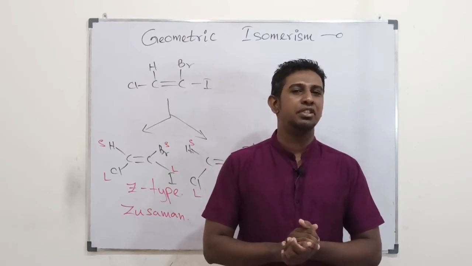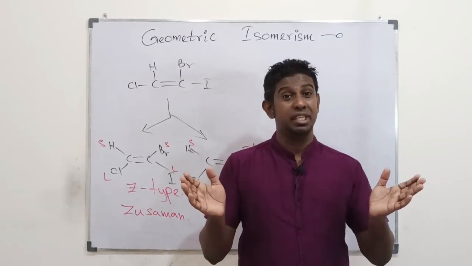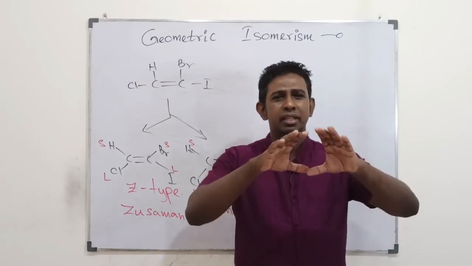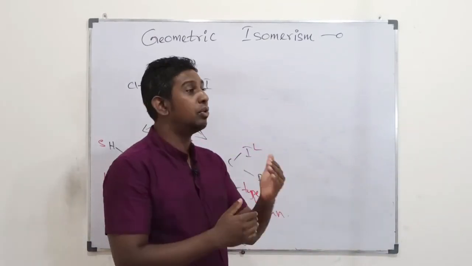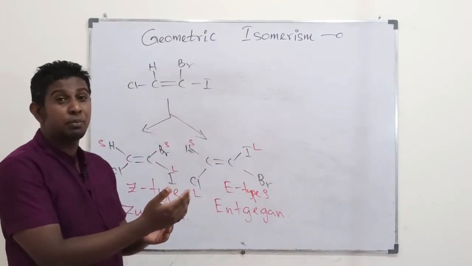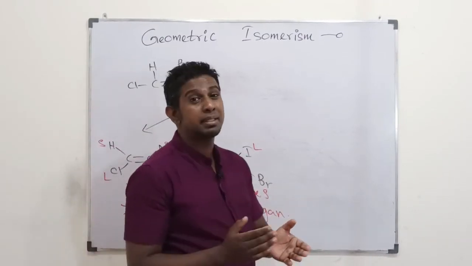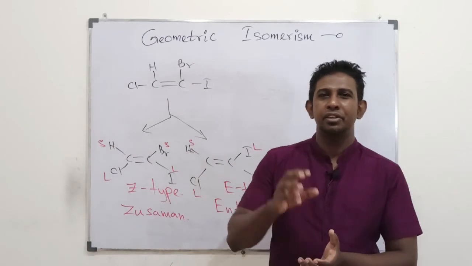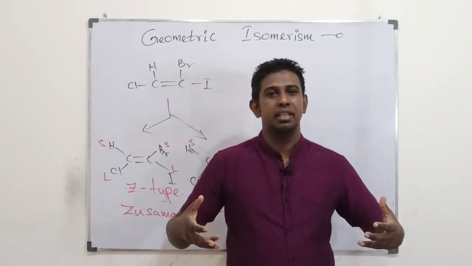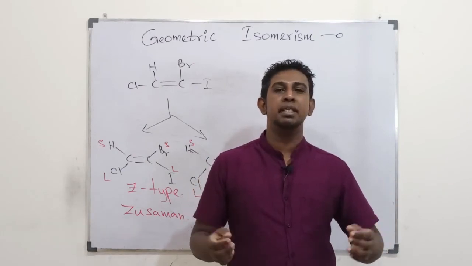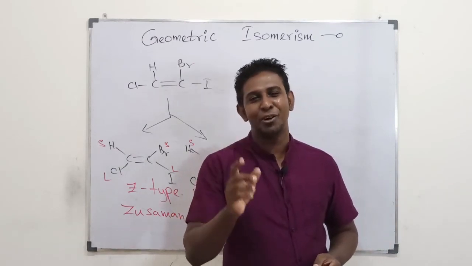So students, we are going to finish this theory part of isomerism. We have talked about all the possible types under isomerism. Isomerism is the having of different structures, different compounds representing the same molecular formula.